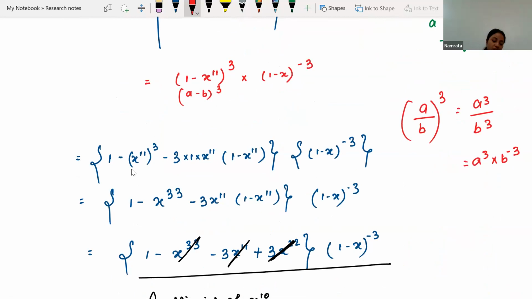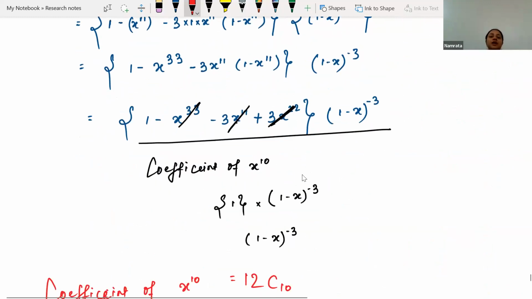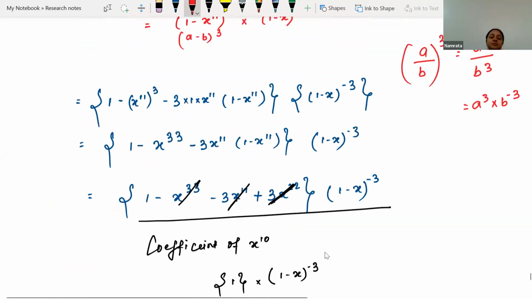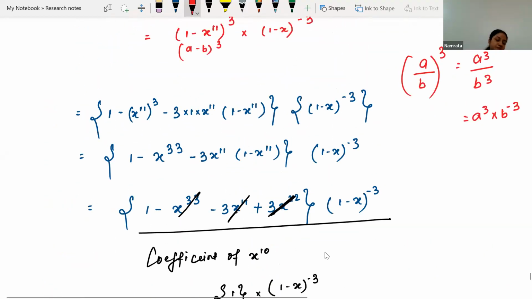For finding the coefficient of x to the power 10, we expanded it, neglected the terms having higher powers, and then applied the binomial expansion formula to directly find the coefficient of x to the power 10. Is it clear, Lina? Yes, ma'am.